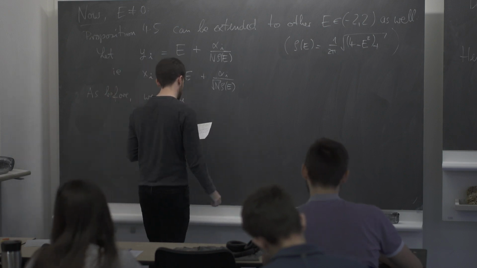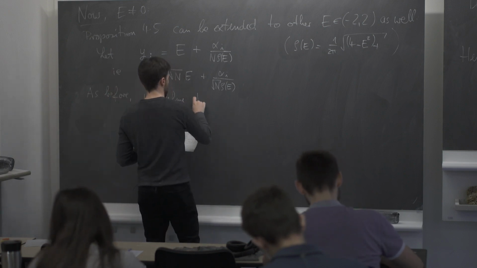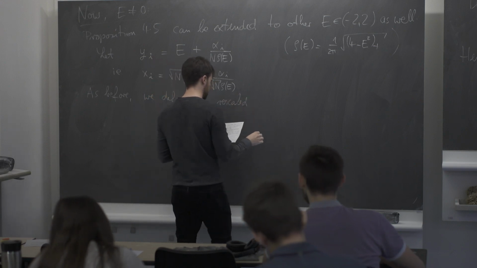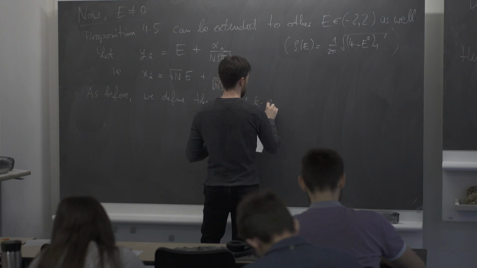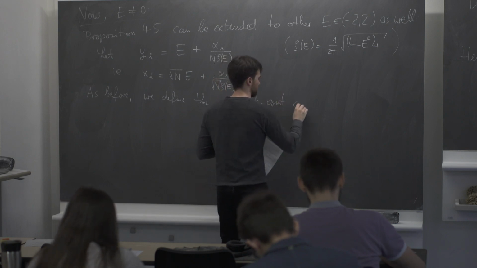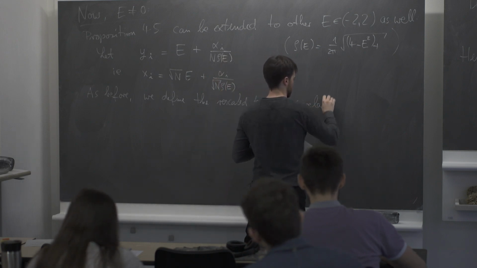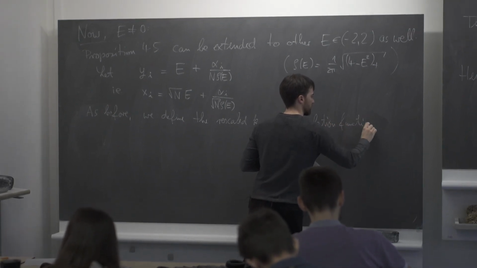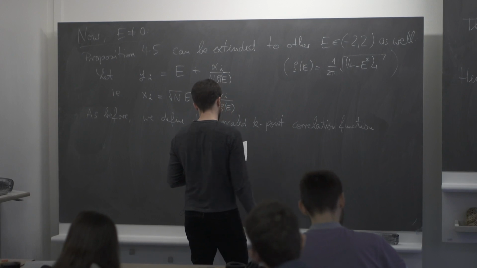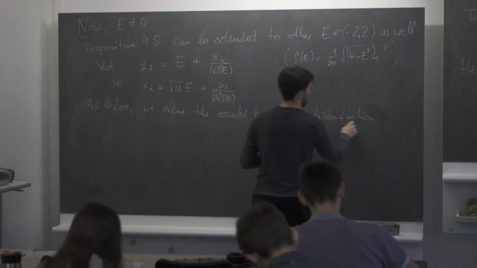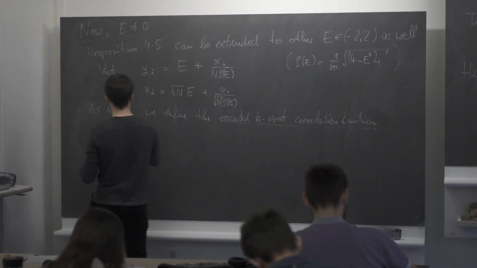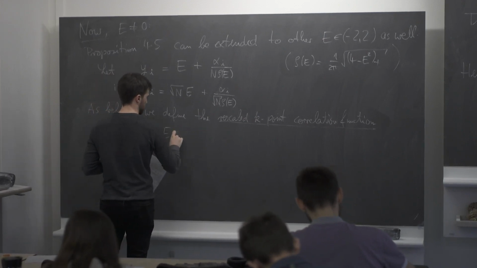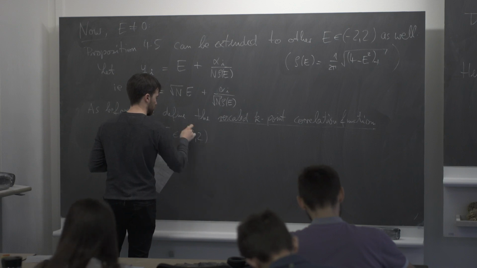We define the rescaled k-point correlation function around e in minus 2, 2.